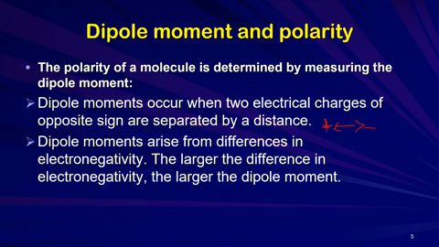Dipole moments arise from differences in electronegativities. As we said earlier, when a molecule has atoms which contain different electronegativity values, then what we produce is the permanent poles.